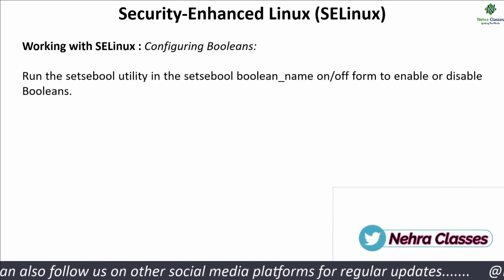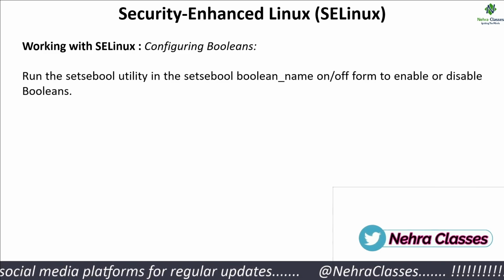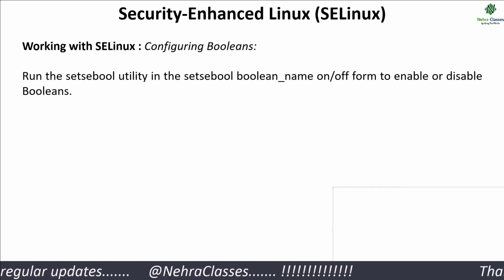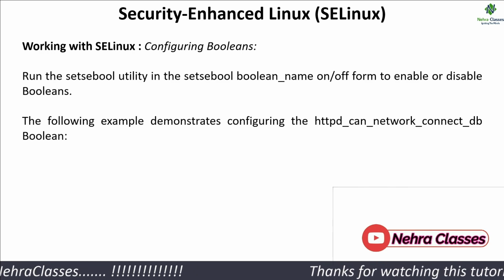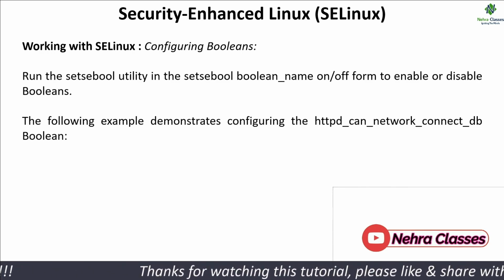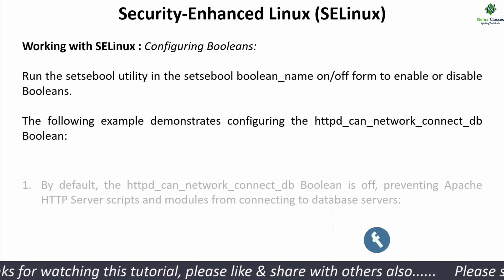You can run the setsebool utility as setsebool followed by the boolean name. After that you can mention on or off to enable or disable the boolean. In the example which I am going to show you here, I will demonstrate how to configure the httpd_can_network_connect_db boolean.